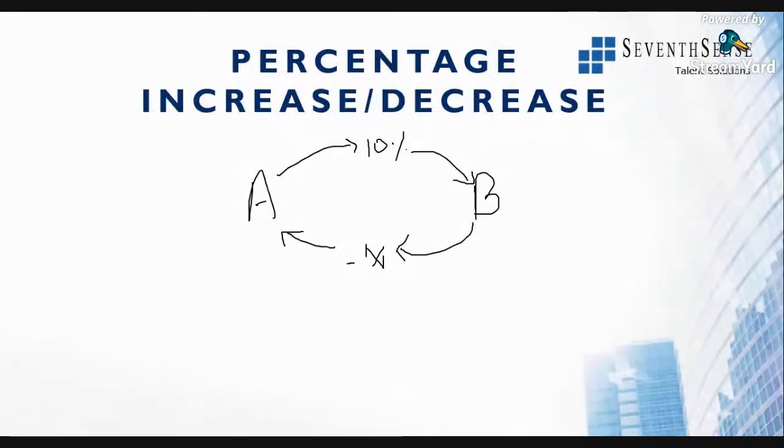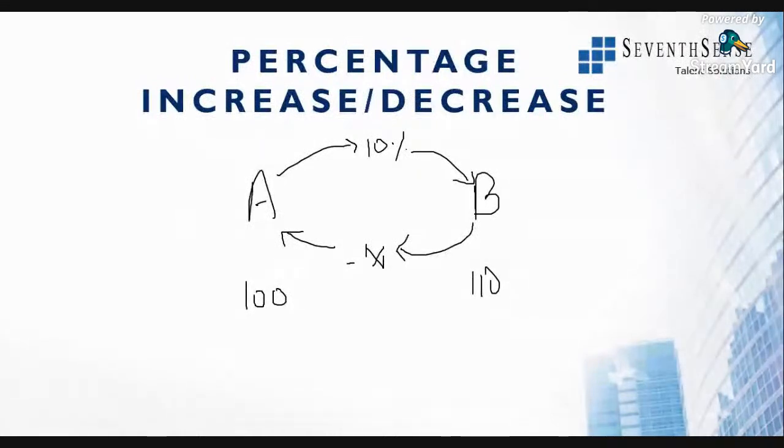Or if B is having 10% more money than A, then what percentage less does A have than B? Simple understanding. Let us say A is having 100 rupees, what will B have? B will have 10% more than A. So 10% more than A is 10 rupees, right? So it will be 110.